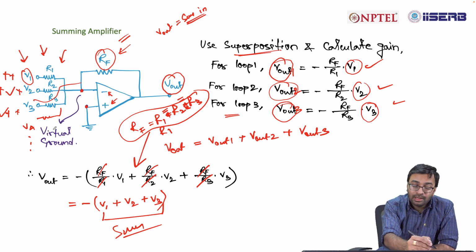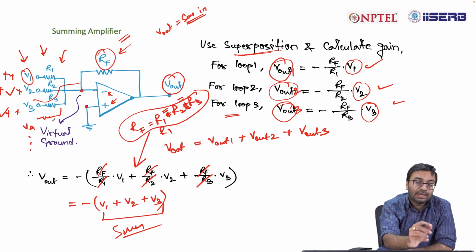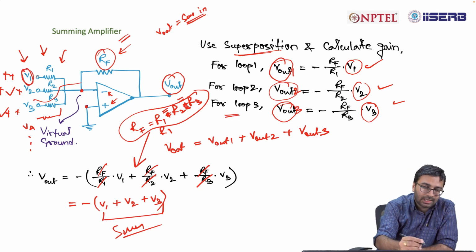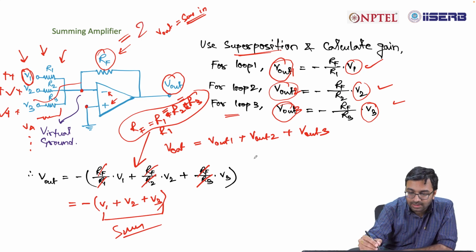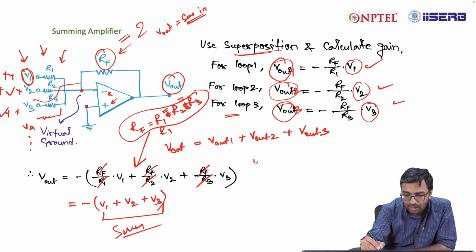Okay. In fact, if you want to provide a certain gain to certain input, for example, say you want V1 to get amplified by 2 times, in that case, you can consider R2 is equal to, or you can consider RF is equal to 2R2.